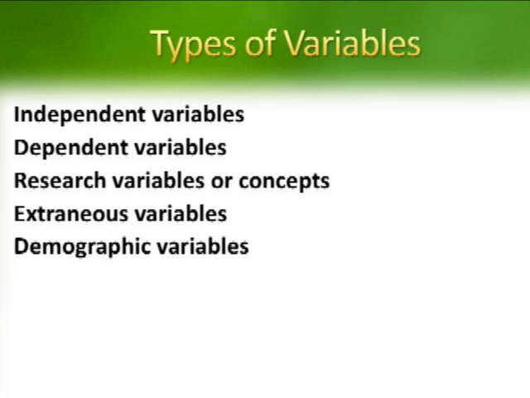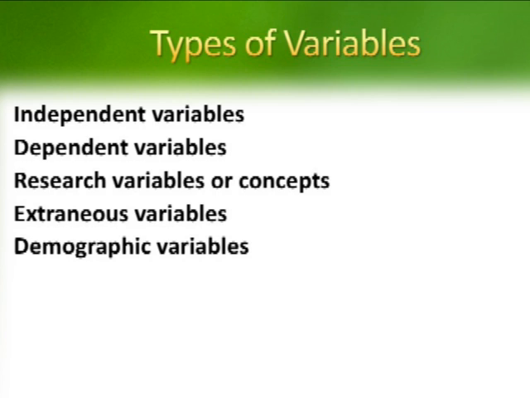Extraneous variables exist in all studies and can affect the measurement of the study variables and the relationships among these variables. You're going to learn in this class that extraneous variables are villains in quantitative research, and all they do is muck up the study.